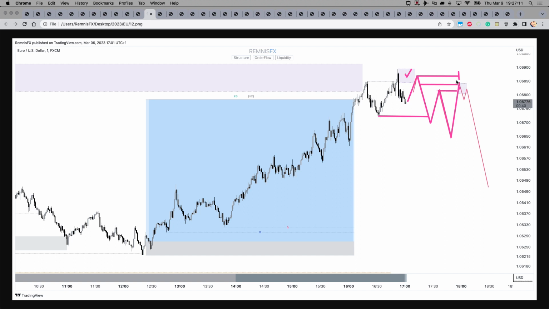This one would then be your first entry because inducement is taken out and your POI above it is mitigated.